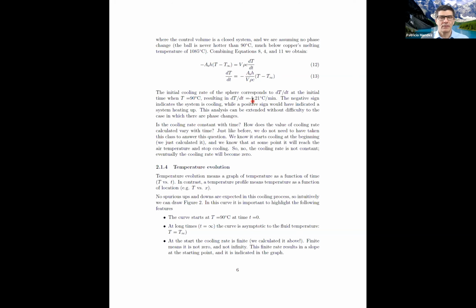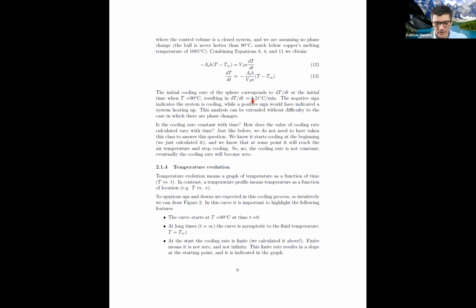And by the way, if you are lucky enough to have a 6 centimeter copper sphere at 90 degrees C, this number that I put here is more or less what you would see. And if it is not exactly what you would see, it's typically because of measurement errors. Also in this case, we used a very approximate h, right? But these equations are not Mickey Mouse. These are the real thing. These are the equations used to calculate spaceships eventually.